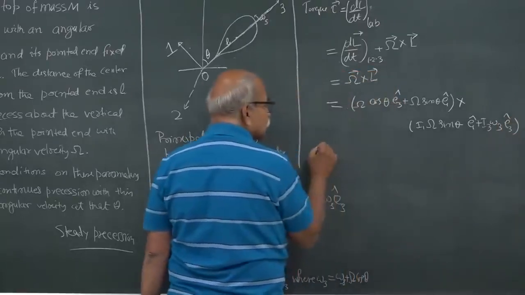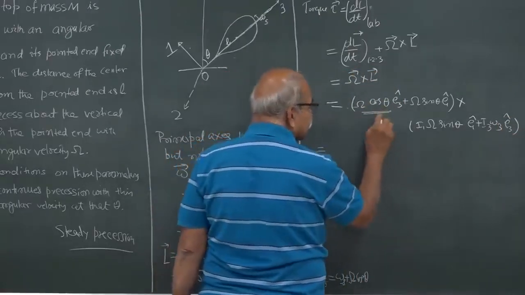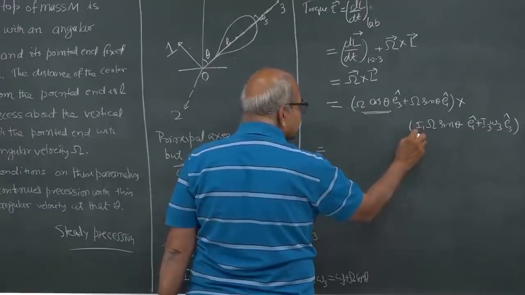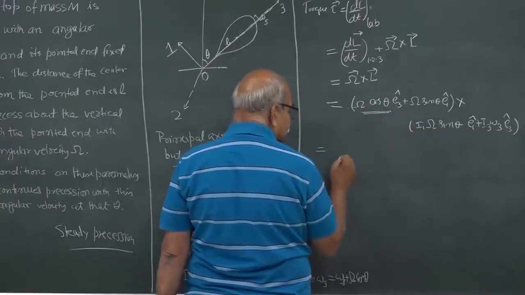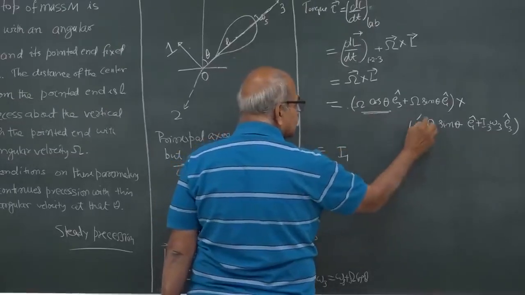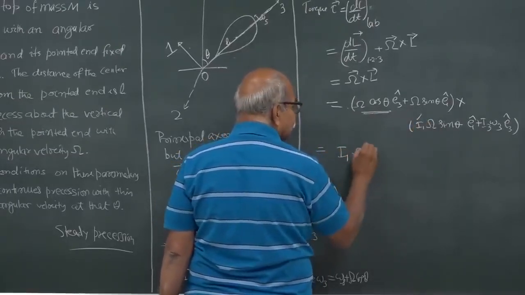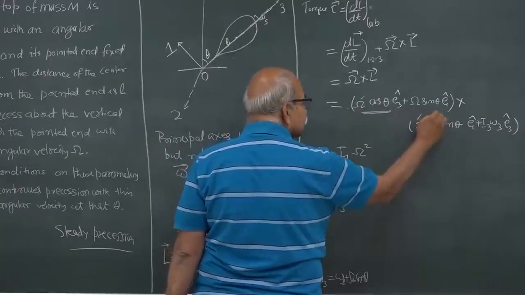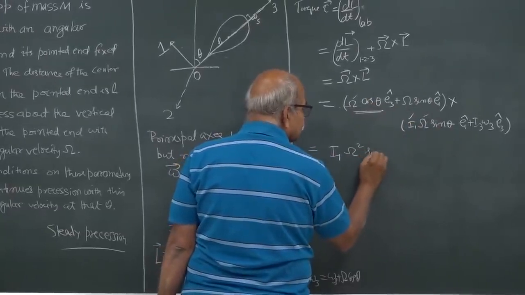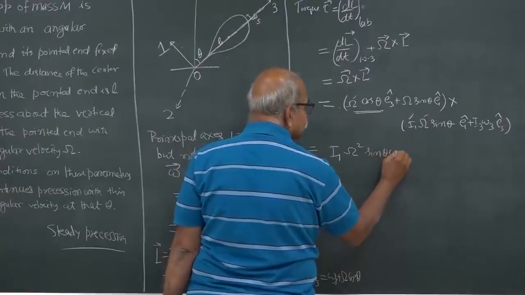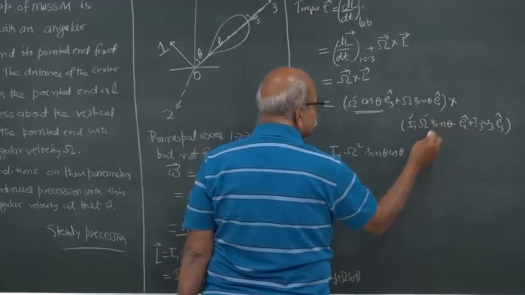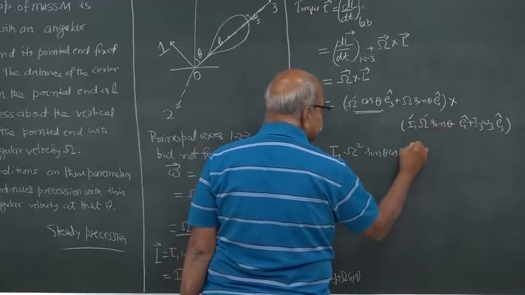So, let us do this, with this Omega cos theta and I1 Omega sin theta. So, it is I1 capital Omega square, then I have cos theta and sin theta, so sin theta and cos theta, and then we have E3 cross E1, which is E2 cap.